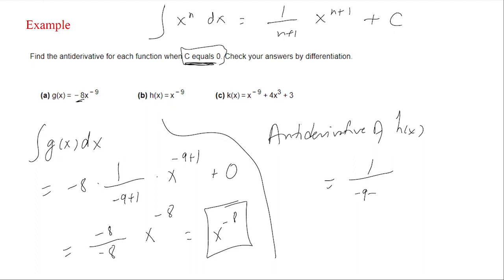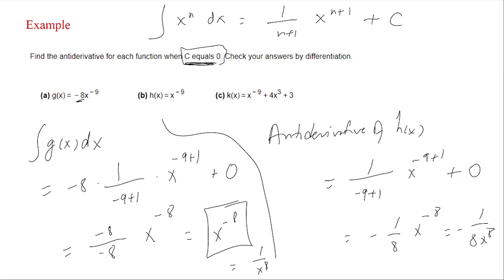In this case, it's -9 plus 1, x to the power -9 plus 1, and I don't have to write down c here because c is 0, it's given. So it will be -1 over 8. This negative is coming from here, x to the power -8. I can write this as -1 over 8 x to the power 8. I can always make it a positive exponent if needed. So that's the antiderivative for the second one.